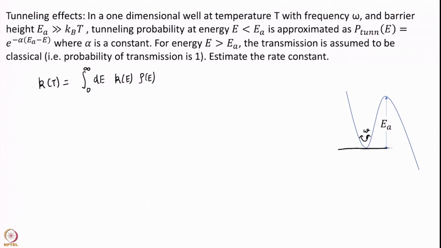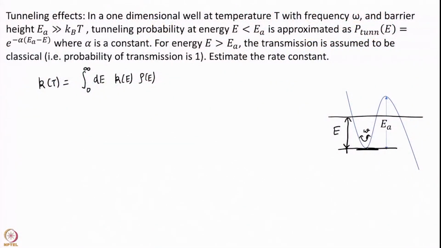Let us say I am at some energy E. At that energy E, what is the rate constant and what is the probability of being at that energy E? So, if I integrate this together, I will get the total rate, and energy cannot be negative because I cannot be lower than this minimum. So, this is what I have to calculate, fine.